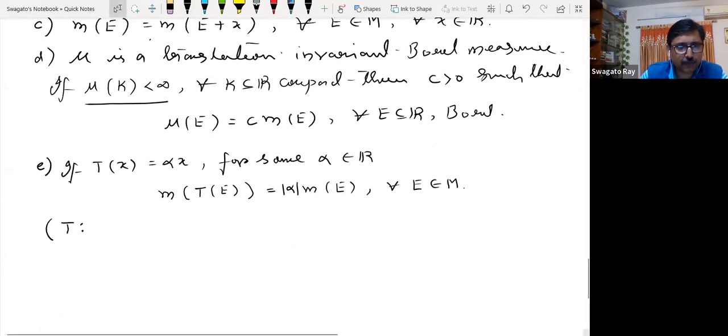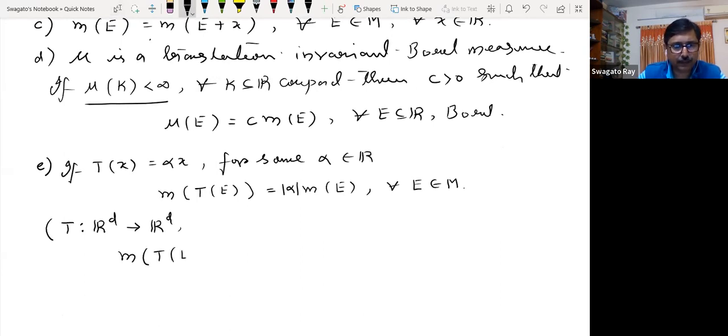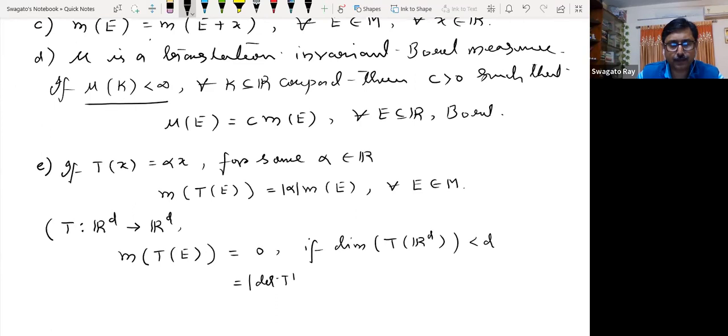Suppose you have a linear map T from R^d to R^d. Then the measure of TE is equal to 0 if the dimension of the image of R^d under T is less than d. It is actually modulus determinant of T times the measure of E if the dimension of the image is equal to d.